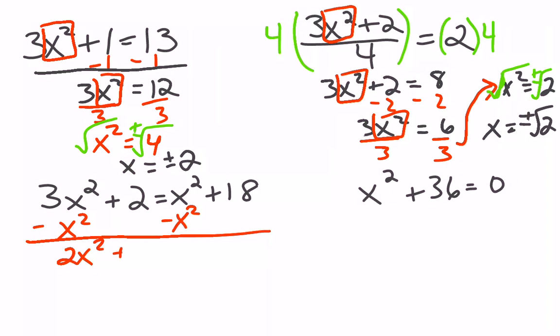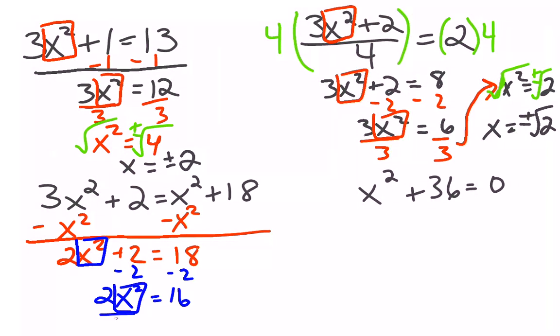So my life advice, take it or leave it, is to move your variables first. And now I'm back to the same type of problem. So my goal is to get this basically to start looking like a two-step equation. Minus 2 from both sides. Box it up. Divide by 2.